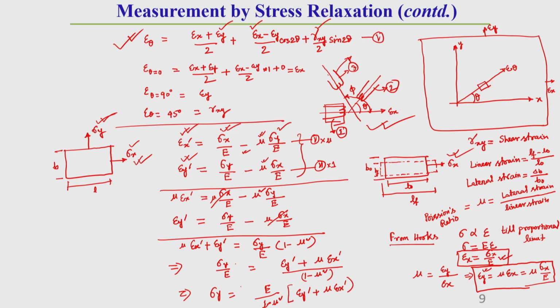Now, we will see what sigma x is. Sigma x we will get by using the previous two equations, that will be E by 1 minus Poisson's ratio square into epsilon x dashed plus mu into epsilon y dashed. Okay. This you just keep in mind.